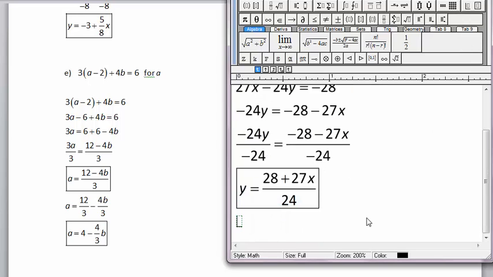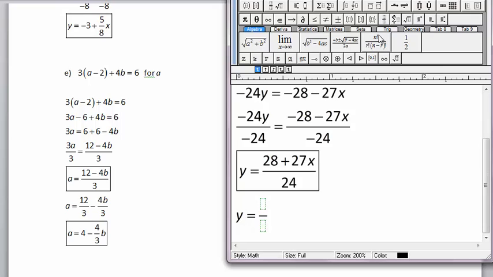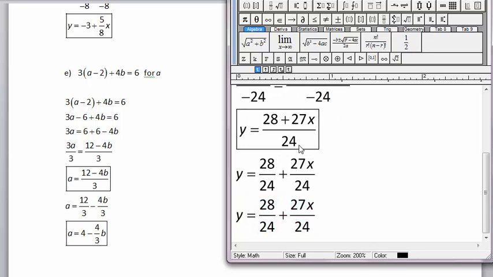We can also simplify it into two separate fractions if we choose to distribute the divisions. Let's go ahead and look at what that would be. If I separate into two divisions, I'm going to have 28 divided by 24 plus 27x divided by 24. And each of those can be reduced. 28 and 24 can both be divided by 4.